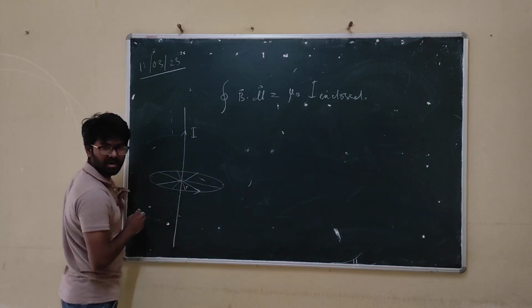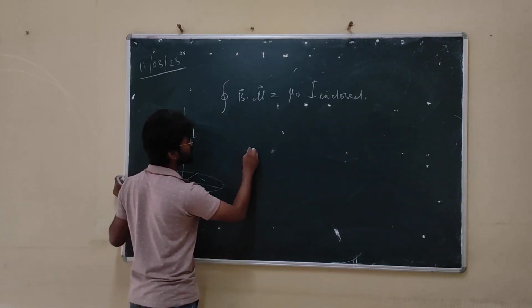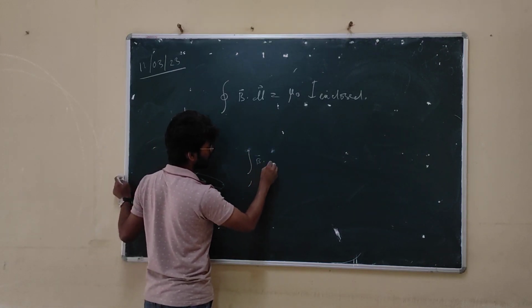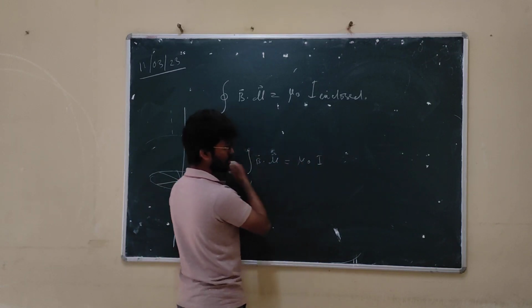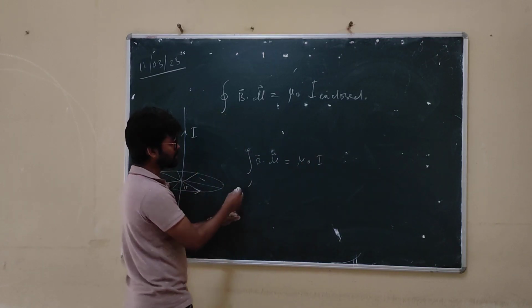Let's say the distance is r, then you can use B dot dl equal to mu naught I enclosed, which is just I in this loop.